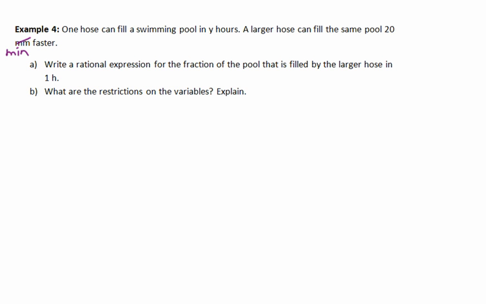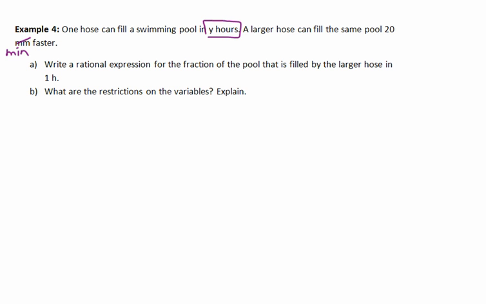1/3. So it says, write a rational expression for the fraction of the pool that would be filled by the larger hose in 1 hour. We first need to write an expression for the time for the larger hose, because it tells us that the smaller hose is y hours, and the large hose is 20 minutes faster. So what would be an expression for the time it takes the large hose to fill the pool?